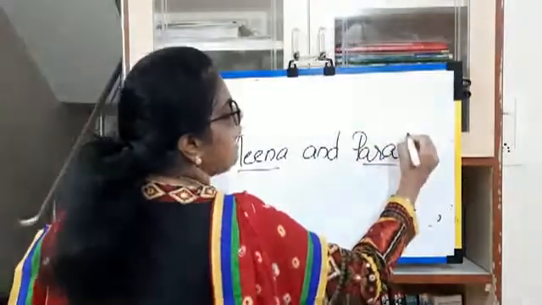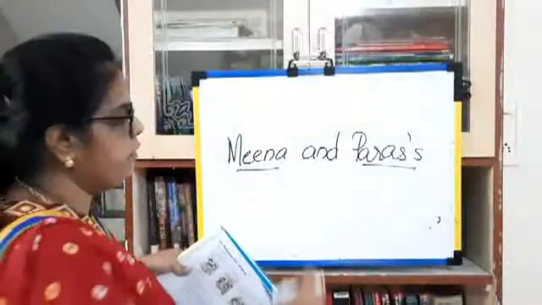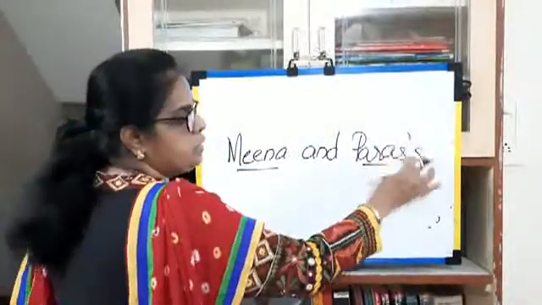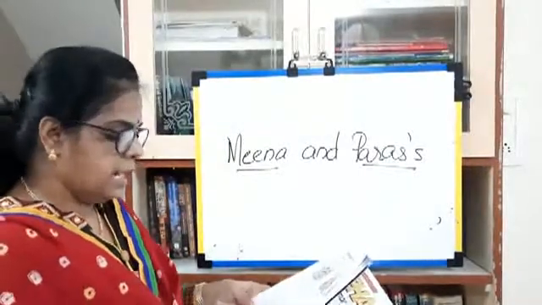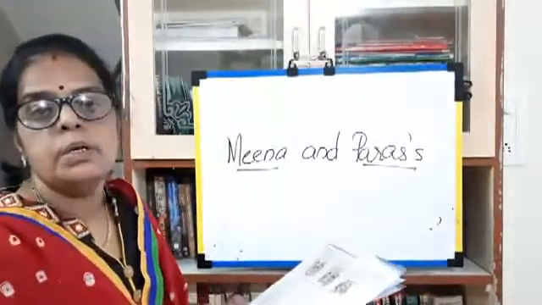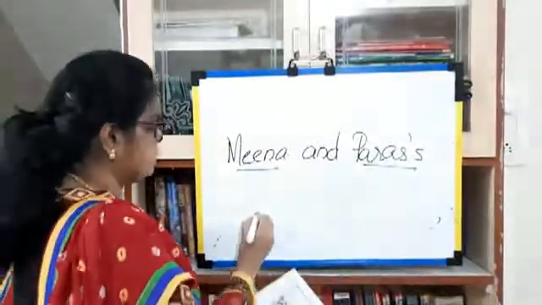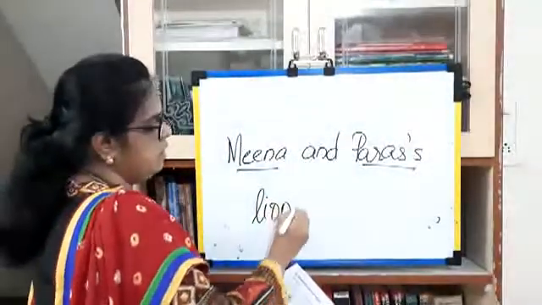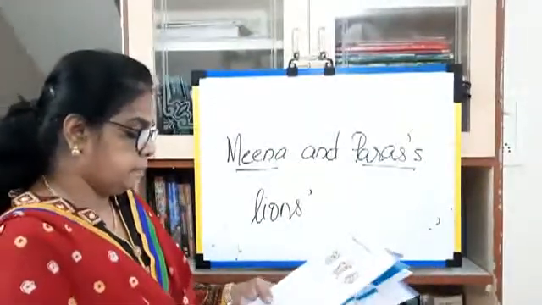So what we do is add apostrophe s in the second noun, Paras. And here it is the lions, already a plural word, so we put the apostrophe after the s, lions'.